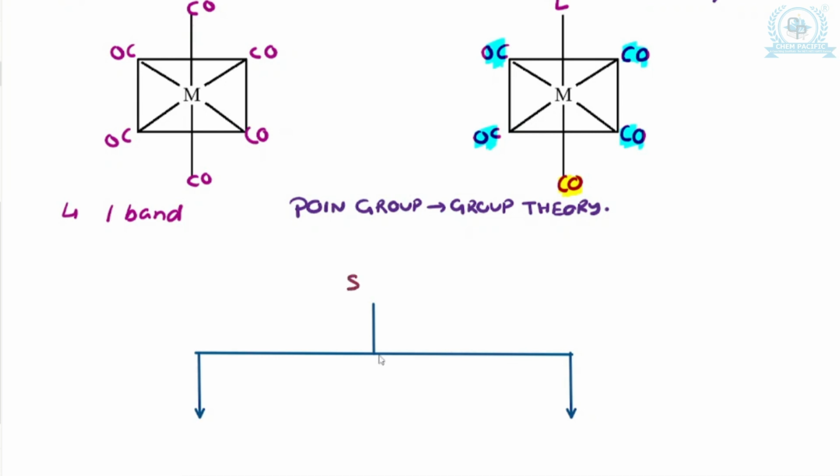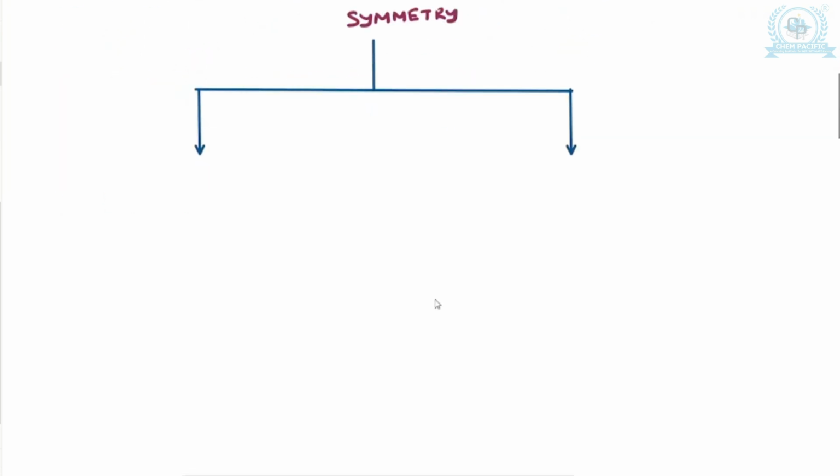First of all, let us talk about the symmetry. It can be divided into two parts: the higher symmetry and the lower symmetry.